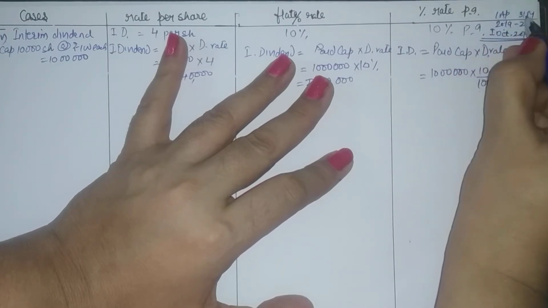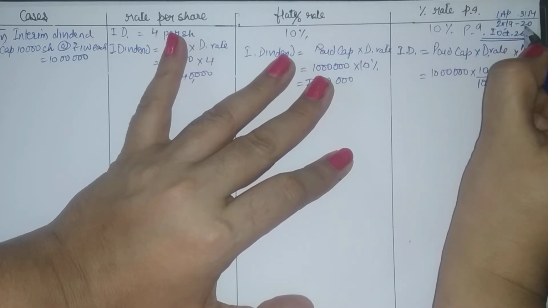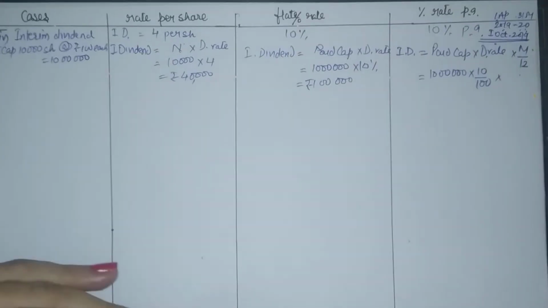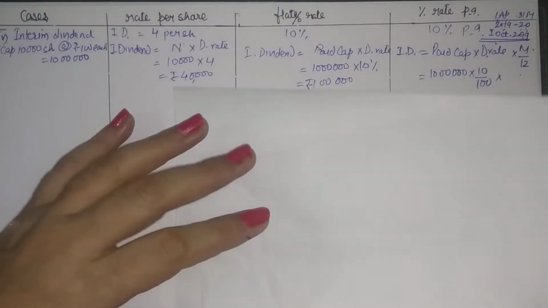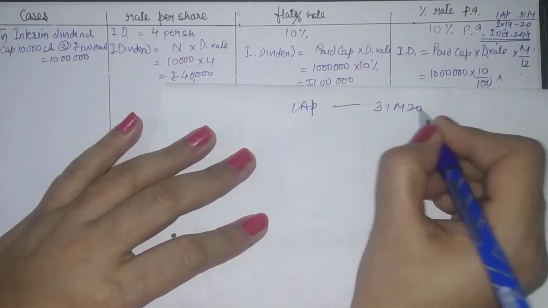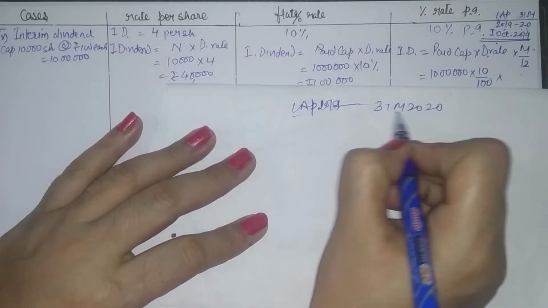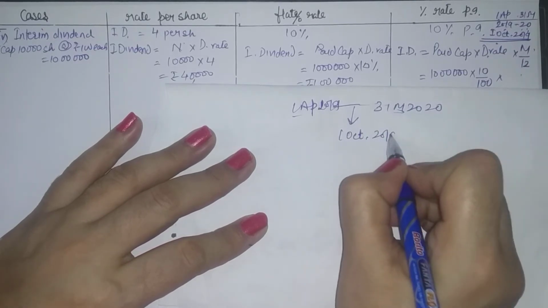So in this year, April 2019 to 31st March 2020, when you give dividend on 1st October, the number of months which have passed are from 1st April to 1st October, right?